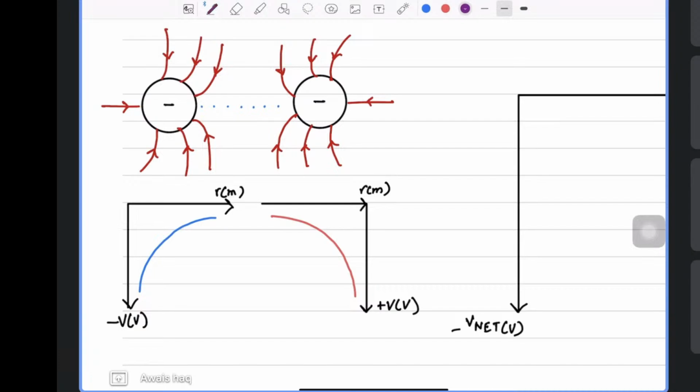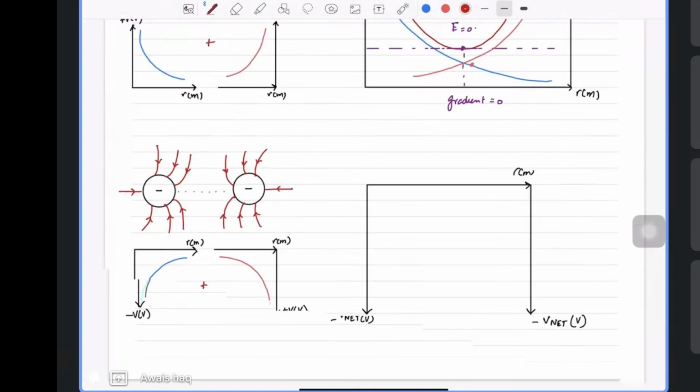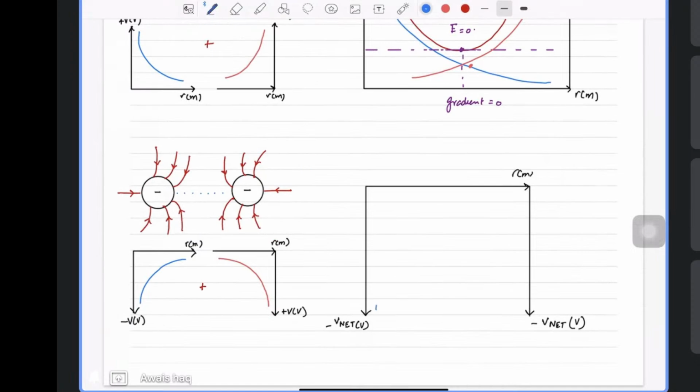If you add them together, one line is like this and the other line like this, and the net graph will be like this. So it will all happen in the negative section, because both charges are negative.